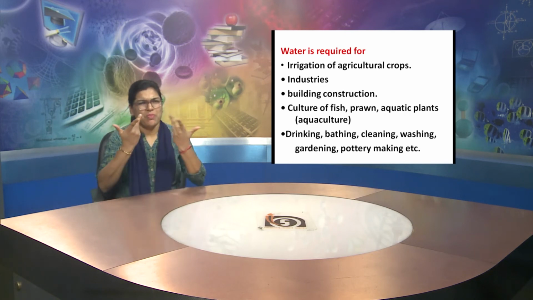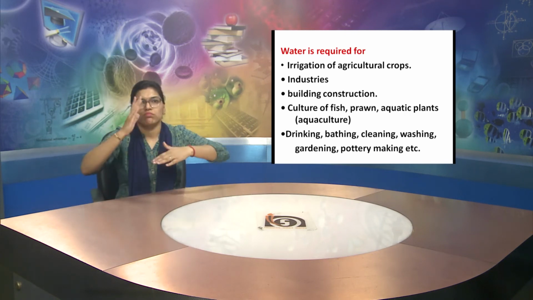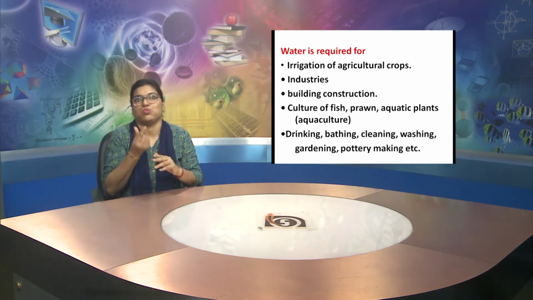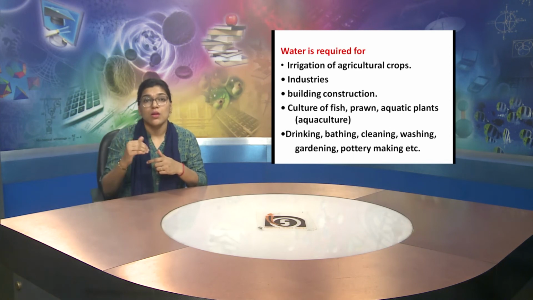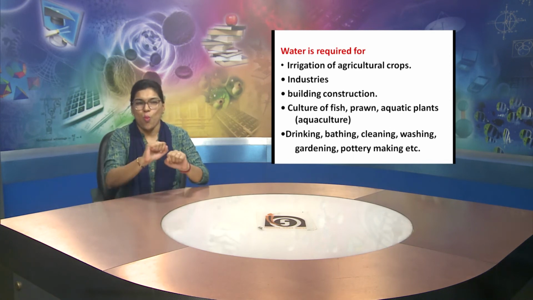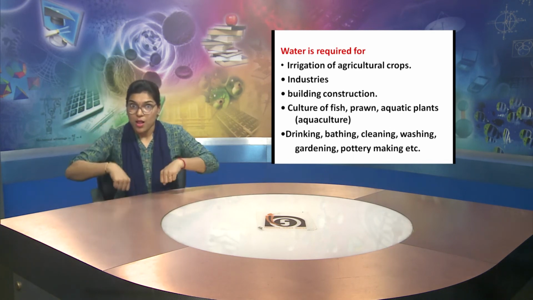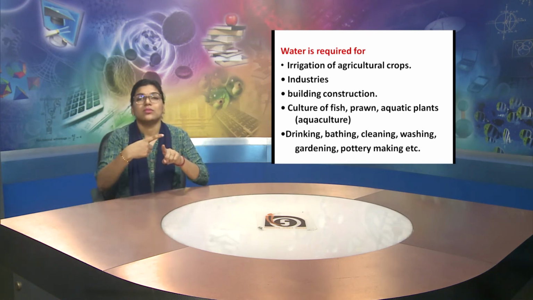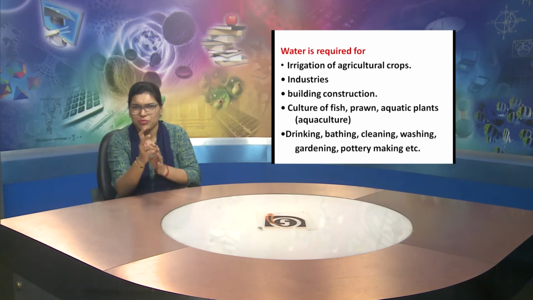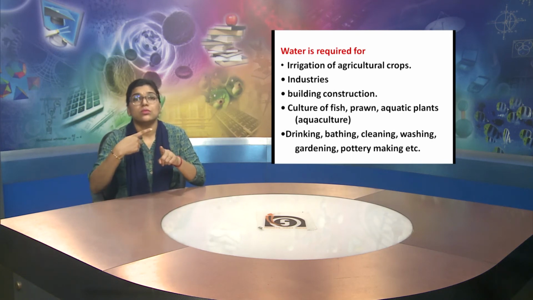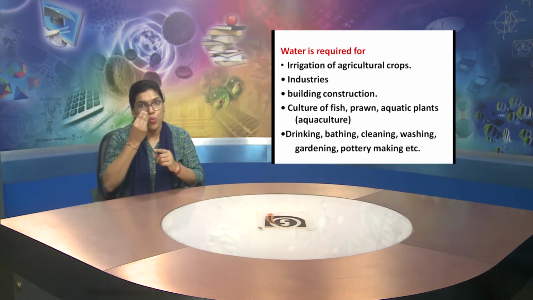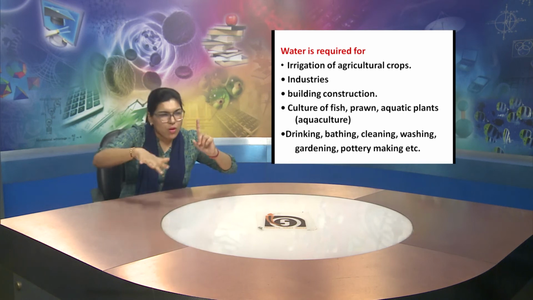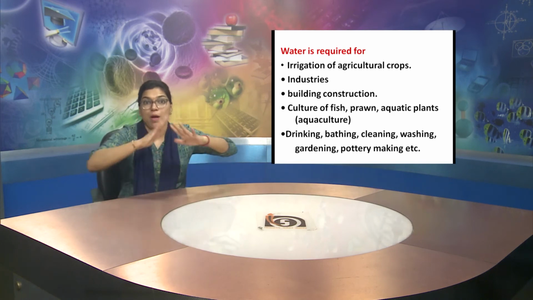And the third usage of water is it is used for building, construction work. And the fourth usage of water is there are some businesses like culture of fish, culture of prawns or aquatic plants. So you can say the aquaculture business, we need water for the work. You can say a project or a business.